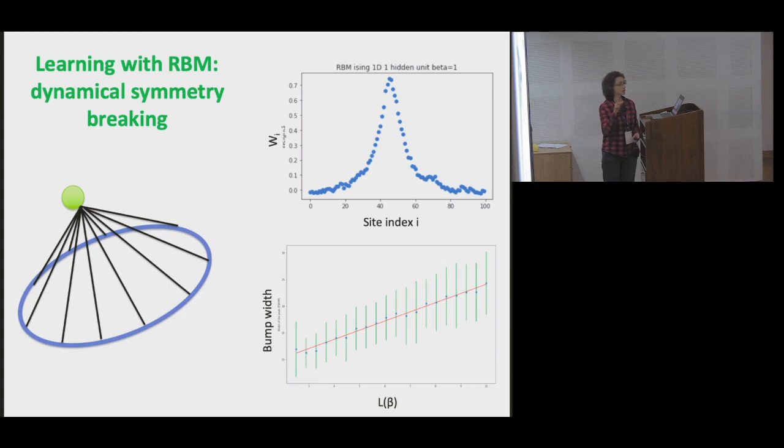And why is it looking at this group of spins? Because this group of spins has a size of the correlation length of the system.